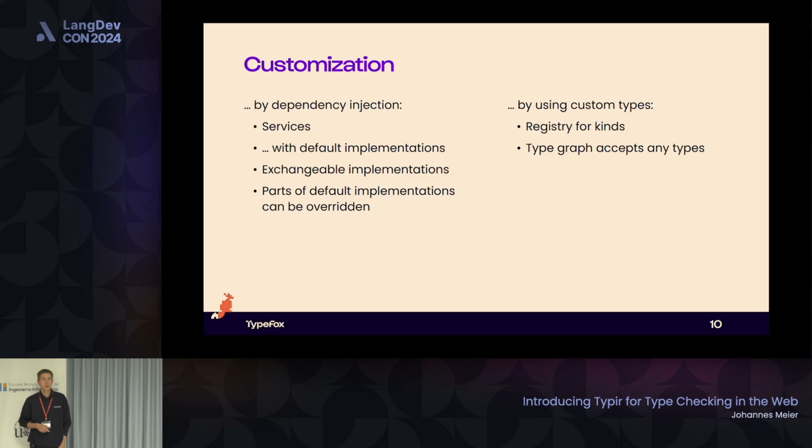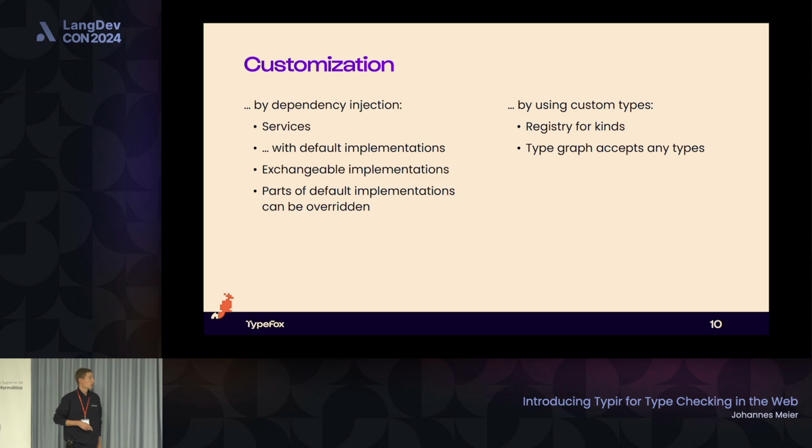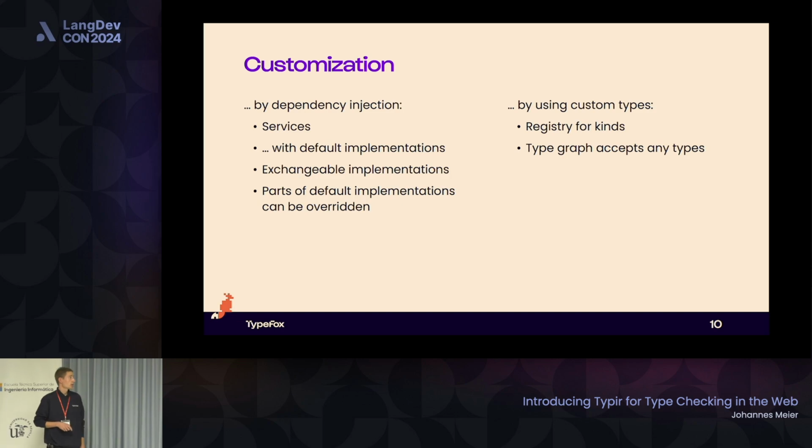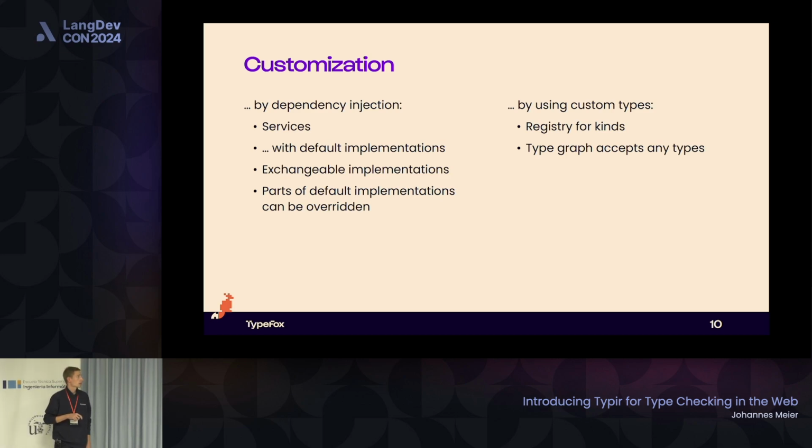For example, that's just an interface for type inference, for checking subtype relationships, for assignability, for validations, and so on. And we provide some implementations for them, which work out of the box by default. But you can replace the implementations, which is simply done since they are used via the services.